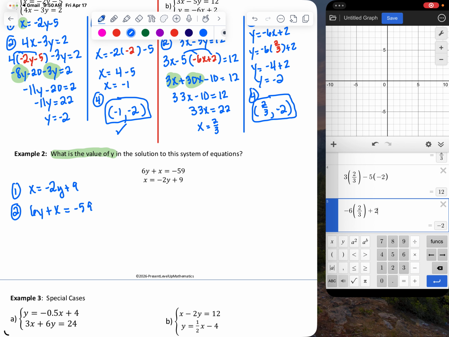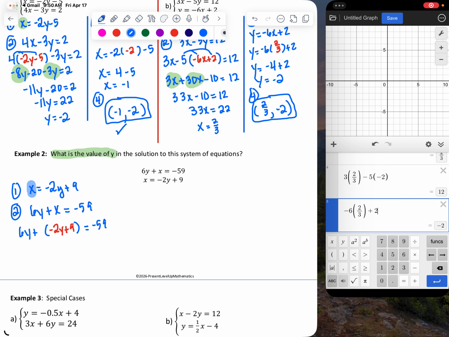And then substitute in the original expression. So how do you know where to put the parentheses? Well, in this case, we put it for x. So 6y plus big parenthesis equals negative 59. All right, substitute in the expression from step one, negative 2y plus 9, and solve.